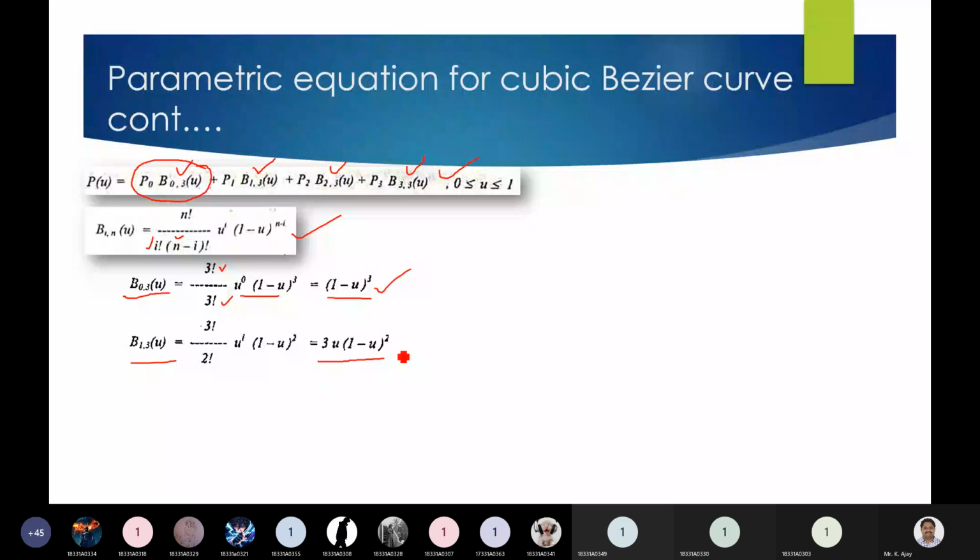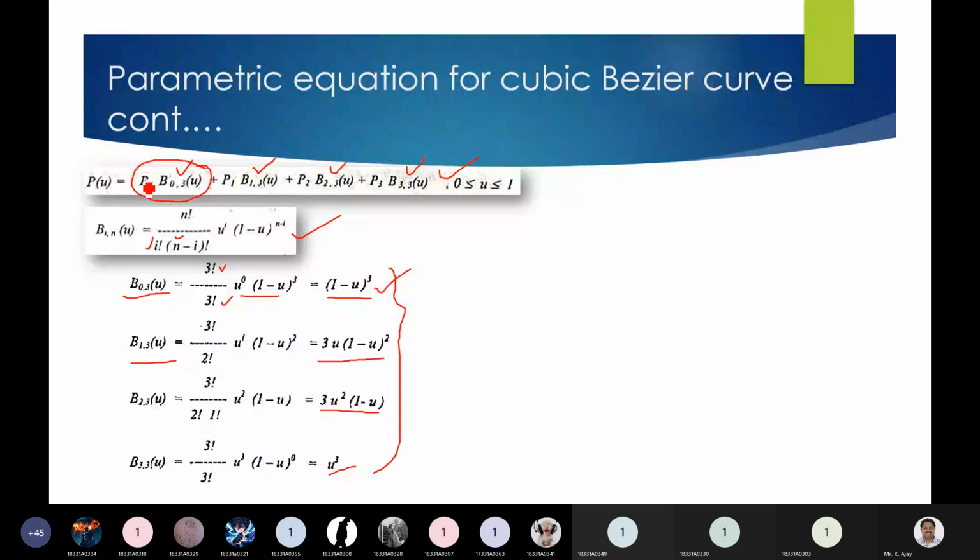Similarly, B23 of u and B33 of u, all the Bernstein functions you can calculate, and then you have to apply these final values. You have to put them back in the expansion of the parametric form for the cubic Bezier curve, and then the equation will become like this.